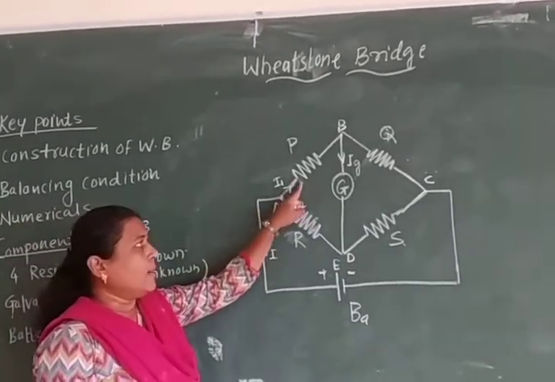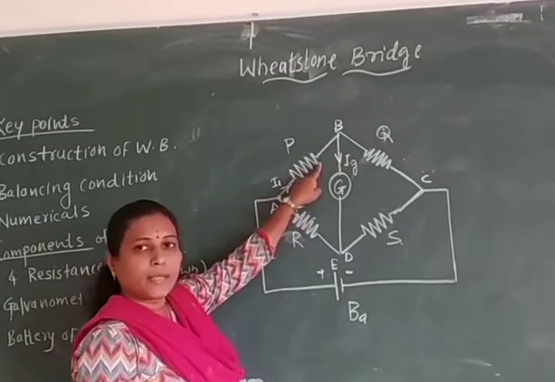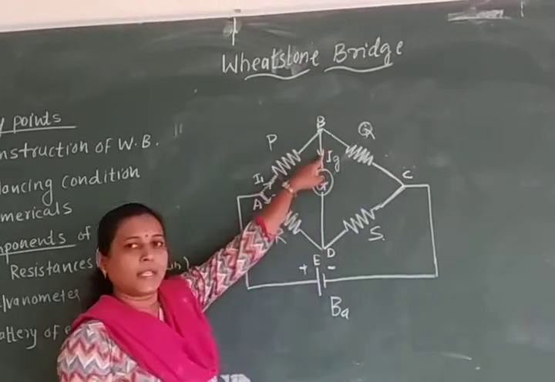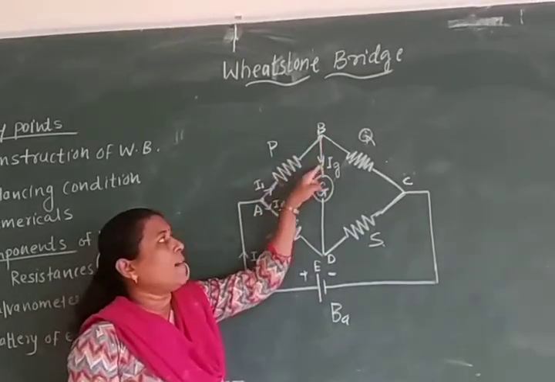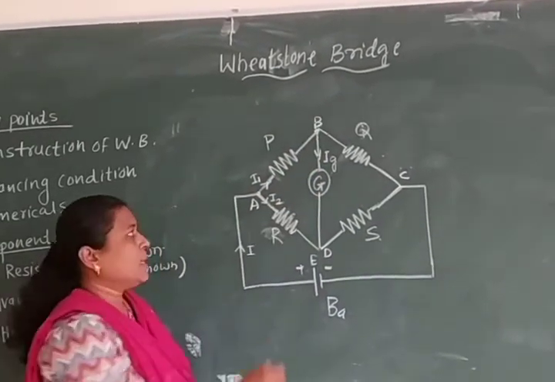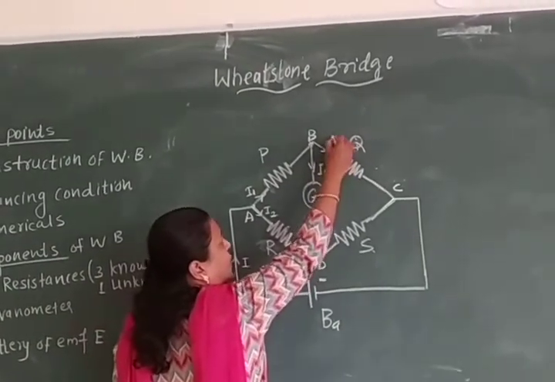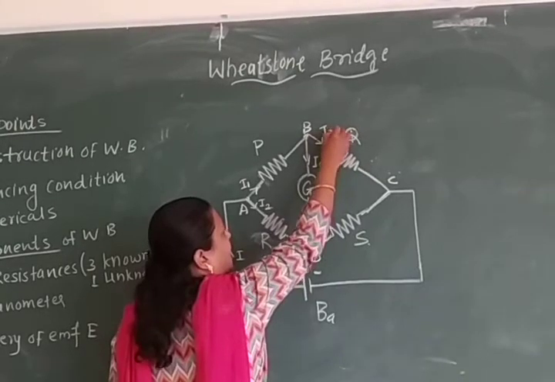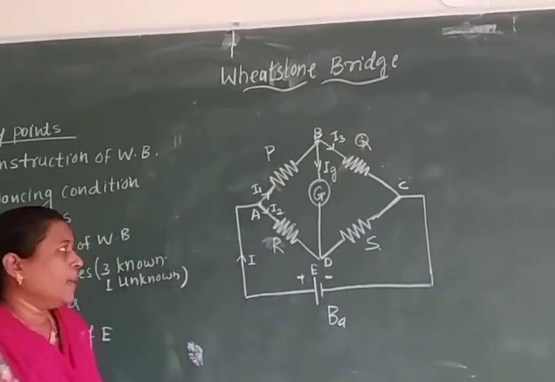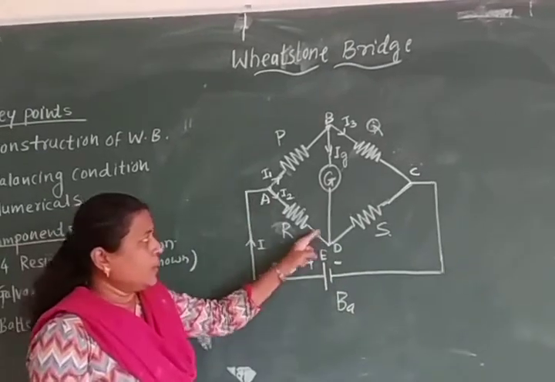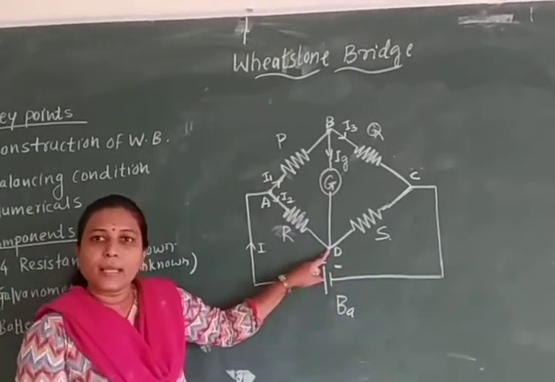When this I1 flows through the resistance P and reaches point B, again it is divided into 2 currents. Out of that, one is Ig. Suppose the current through Q, we denote it by I3. Now see at this point D, I2 and Ig are the incoming currents.